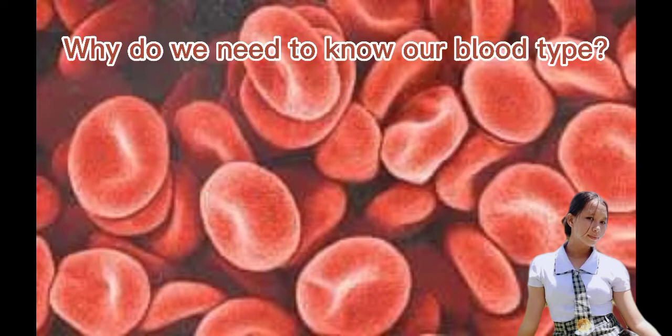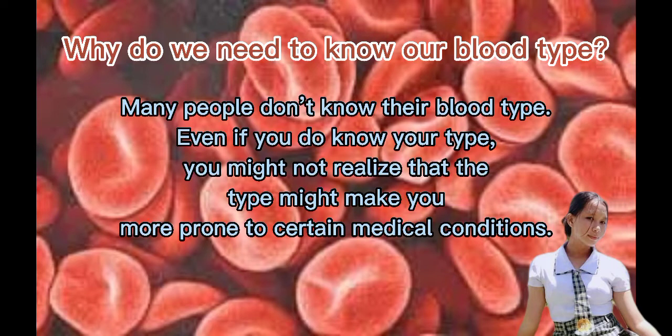Why do we need to know our blood type? Many people don't know their blood type. Even if you don't know your type, you may not realize that the type makes you more prone to certain medical conditions.